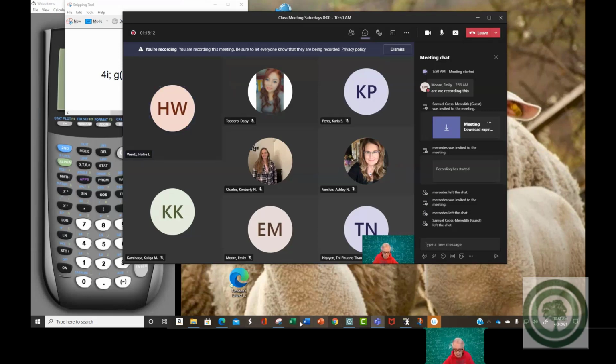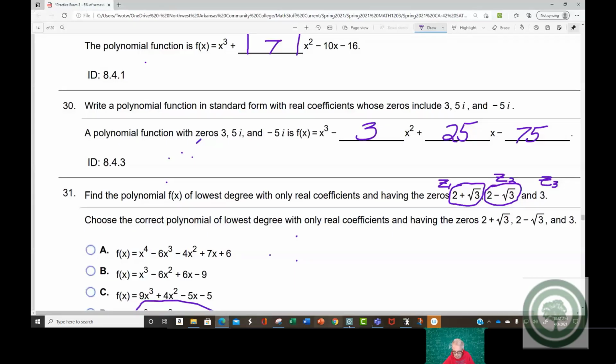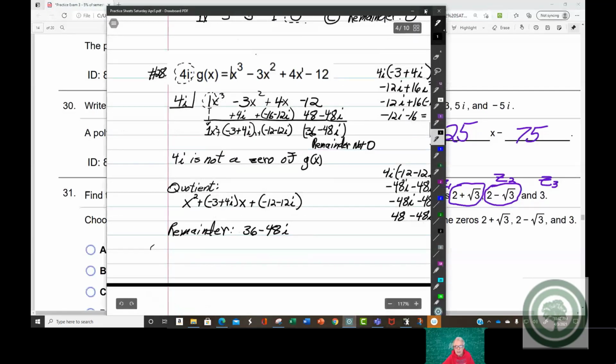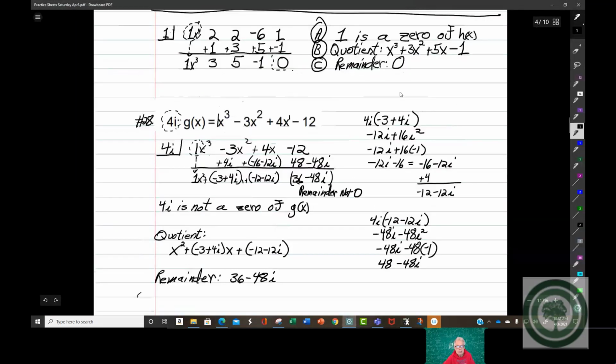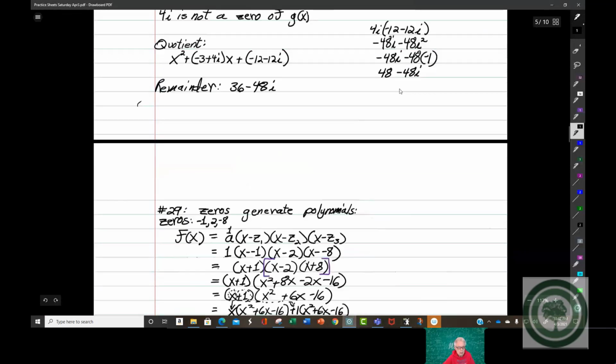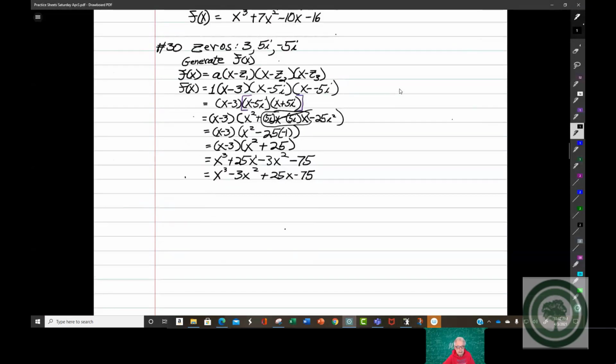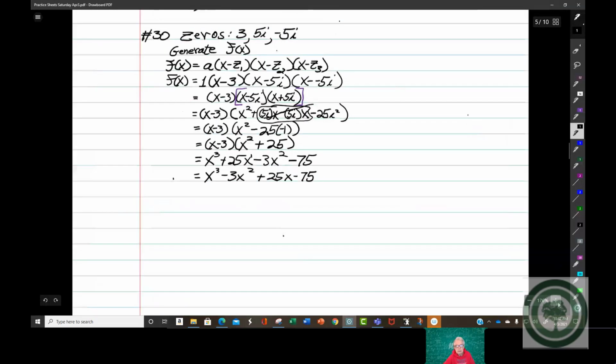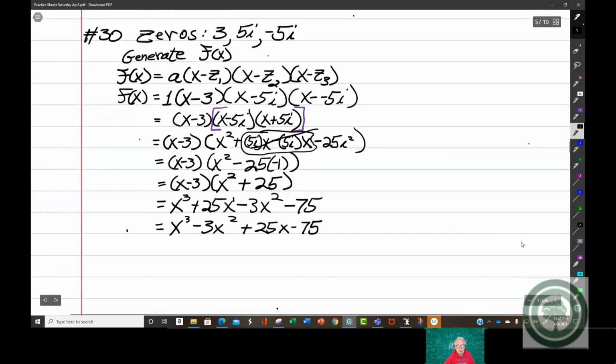Yes. Okay, good. Okay, and this is number 30, right? Here it is. Right there. So the second to the last where you have x cubed plus 25x minus 3x squared minus 75. Uh-huh. Can you remind me how you got that?